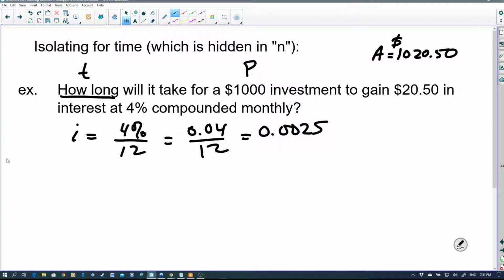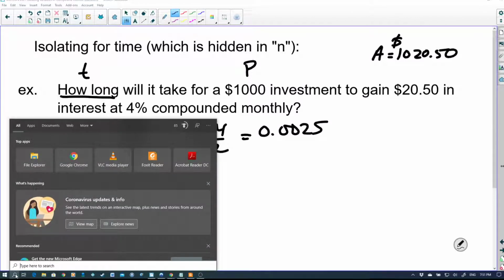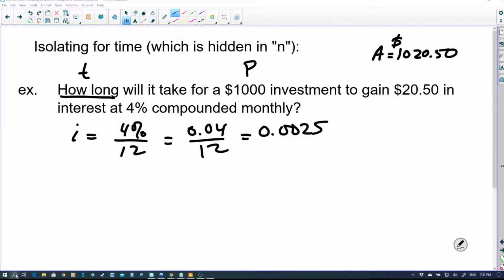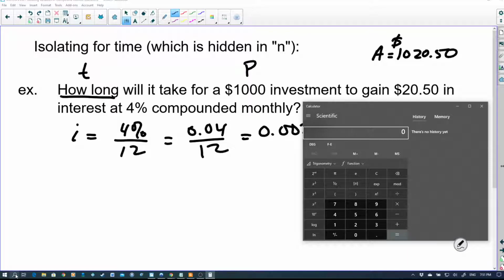I'm just going to double check that to make absolutely sure. Oh, I've gotten rid of my calculator. Let's bring that back. So 0.04 divided by 12 is, oh, I was wrong.